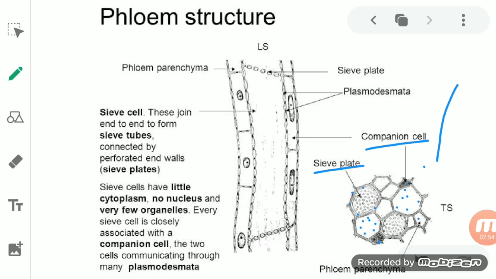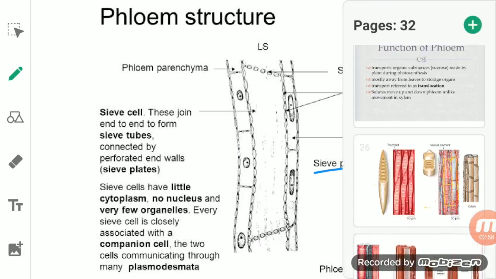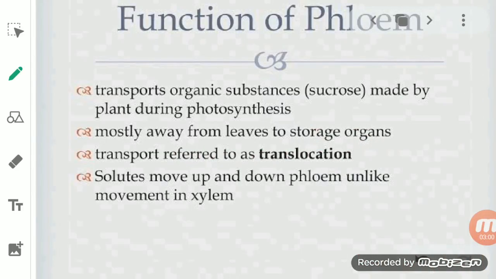Now if we see the function of the phloem, you find that the basic function of the phloem is that it transports organic substances made by the plant during photosynthesis. So student, you all know that the result of photosynthesis is carbohydrate, and we consider carbohydrate as a polysaccharide. Okay, starch is a polysaccharide.